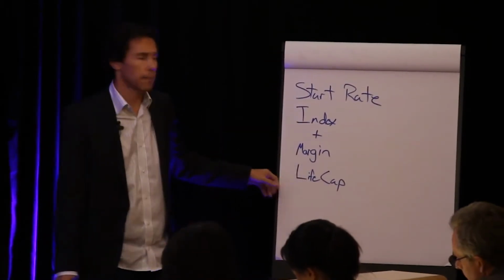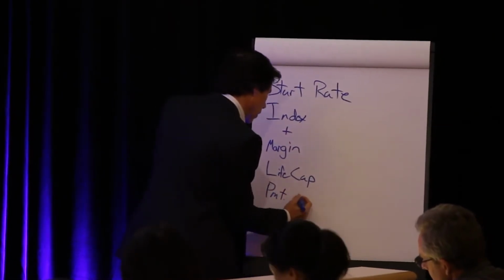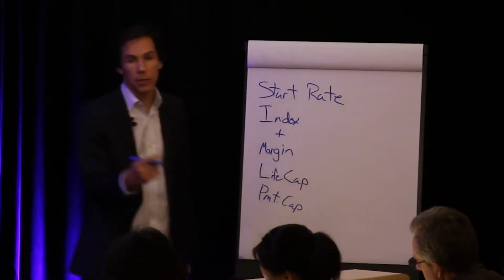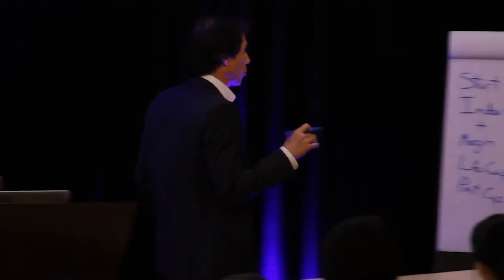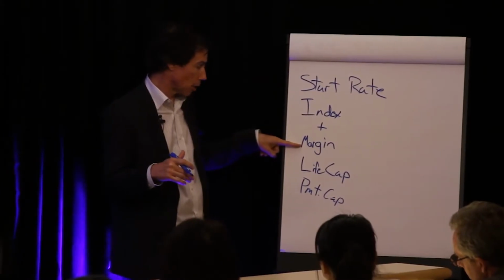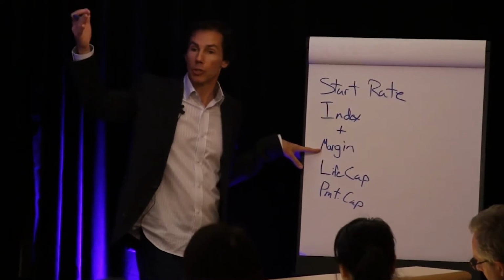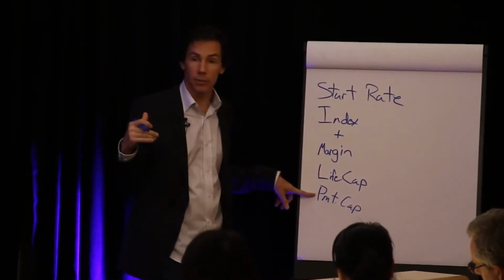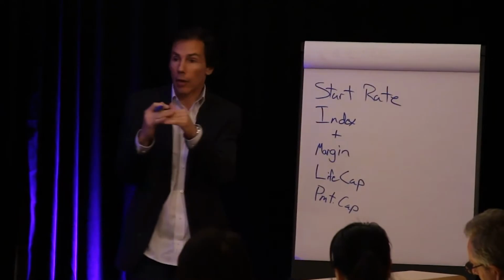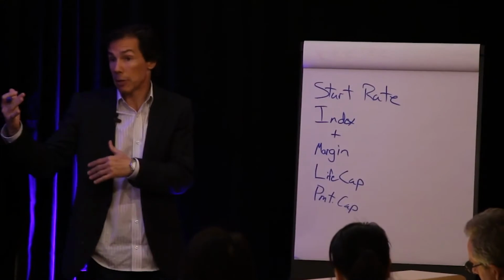These all vary, okay? And then sometimes there's a payment cap, but you don't have payment caps too much anymore because you really don't have negatively amortizing loans too much anymore, and that's when you had payment caps. A payment cap would become important when the fully indexed rate, which is the index plus the margin, was not allowed to go up to its full amount in terms of the payment, because they would only allow you to pay a certain amount more each year to avoid payment shock.